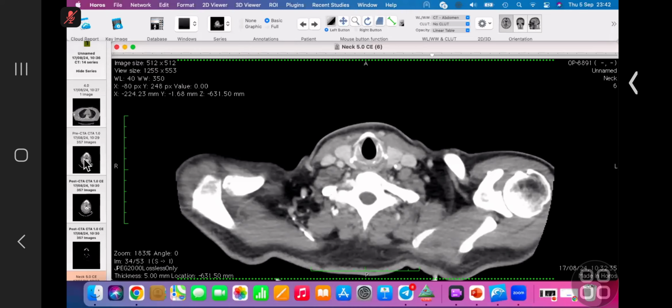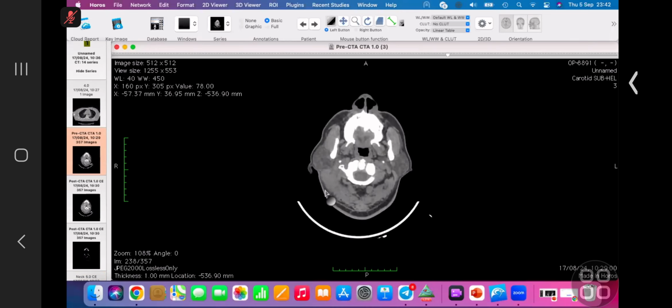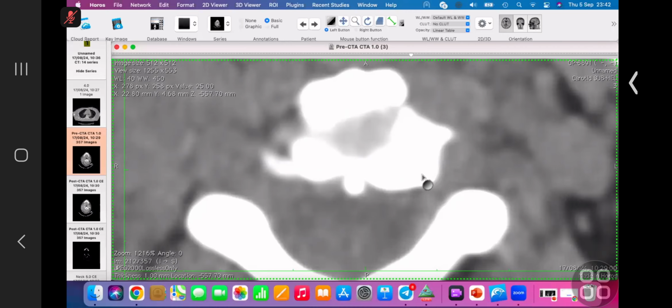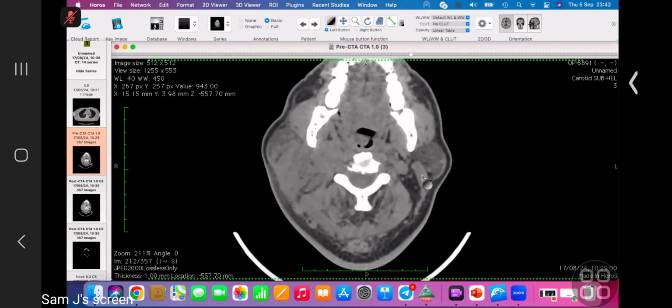However, given the patient's age, I would also think of an underlying malignant process with infiltration of the internal jugular vein. So these are the pre-contrast images of the same patient. I will look for any calcific foci within the ducts of the gland or the gland itself.